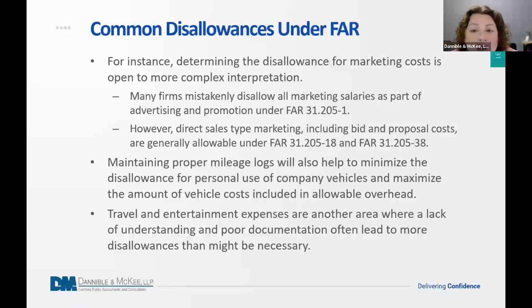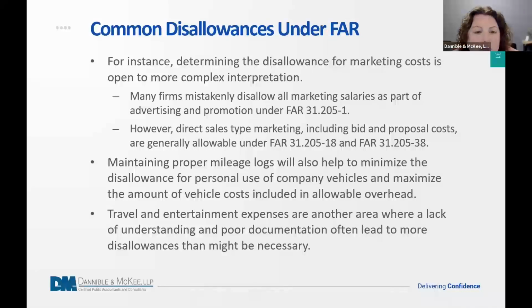If you have salaries and fringe from marketing personnel, they hopefully are charging their time and breaking out direct sales type marketing versus attending or hosting a trade show. It's really important that even your marketing department understands FAR and how they play a role in whether costs are allowable or unallowable.